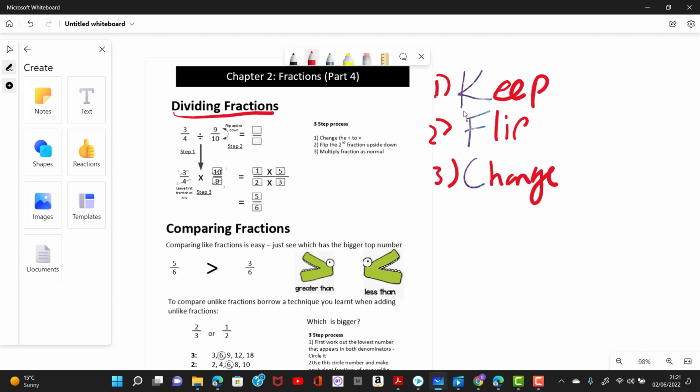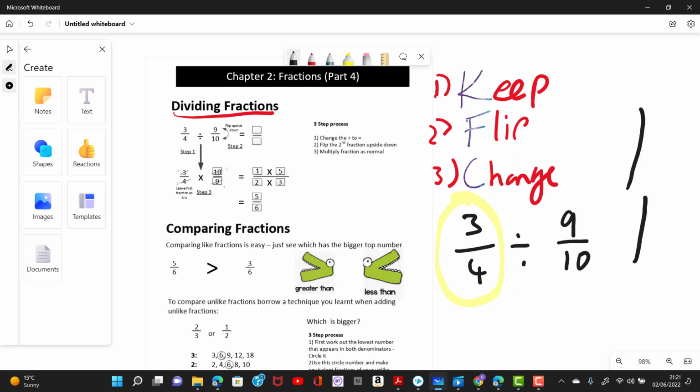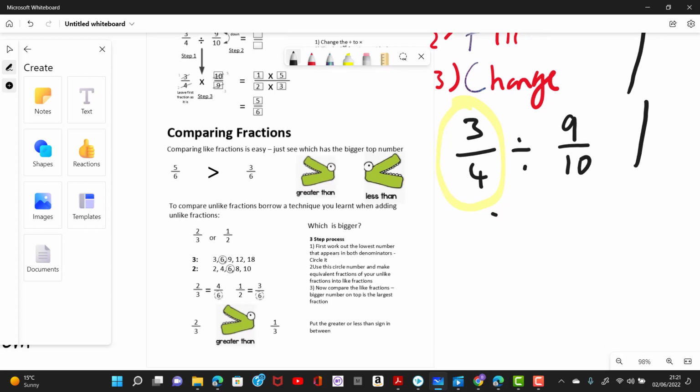So we've got this example here, dividing fractions: 3 over 4 divided by 9 over 10. First thing we're going to do is keep. That's the first step. So identify this here, and I'm going to keep that the same. So this one stays as it is.